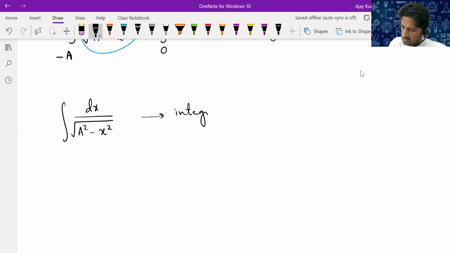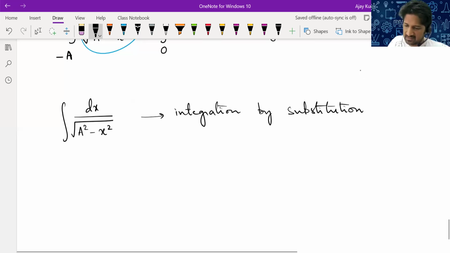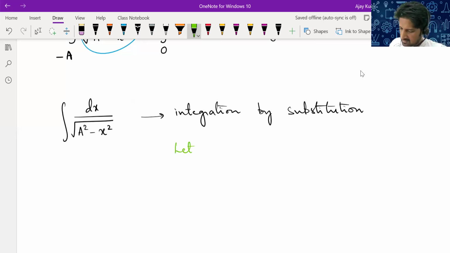So can any of you tell me what we should substitute x as, such that this expression becomes simpler to integrate? Okay. We substitute x as a sine theta.